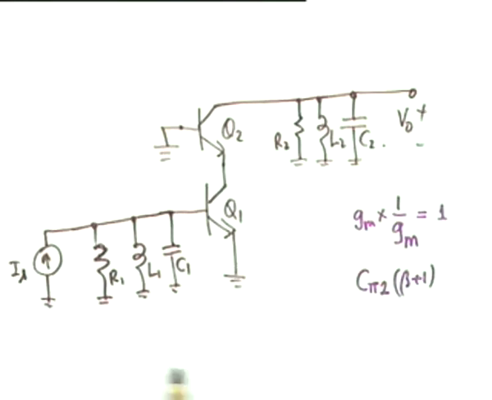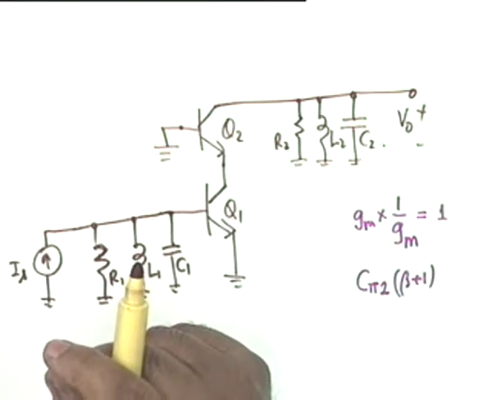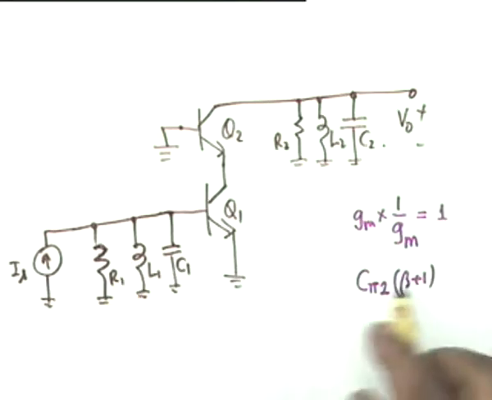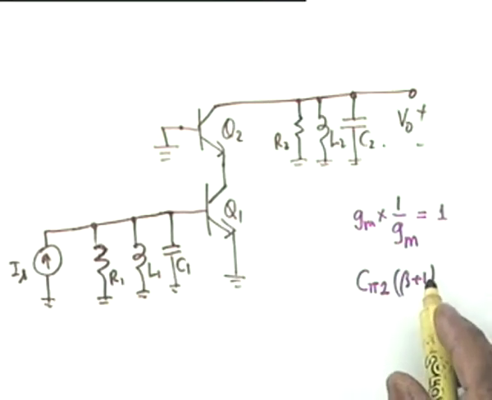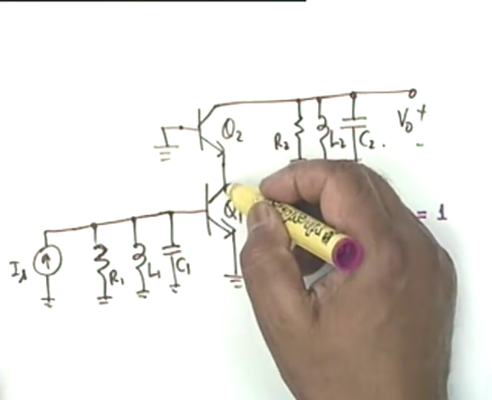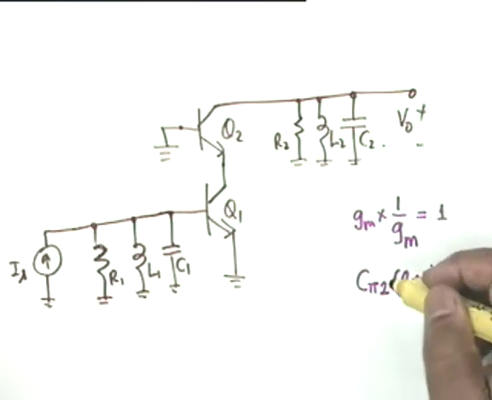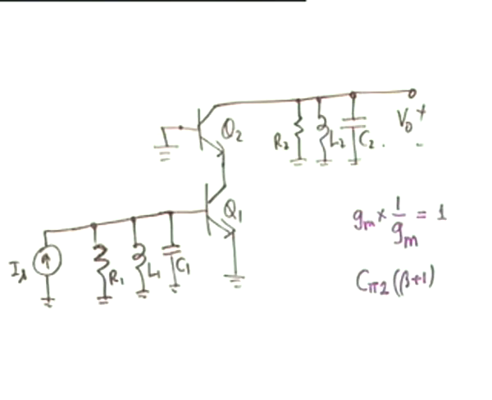So it comes as a large capacitance, with the shunting effect of R pi 2. A large capacitance means low impedance, and therefore the load that Q1 faces is approximately 1 by gm shunted by C pi 2 beta plus 1, and usually 1 by gm is smaller than this impedance, and therefore that dominates.